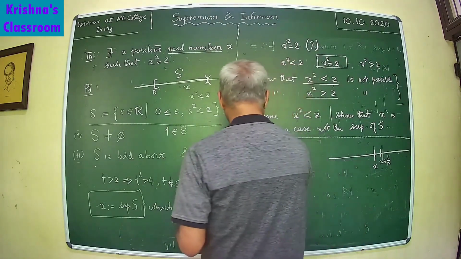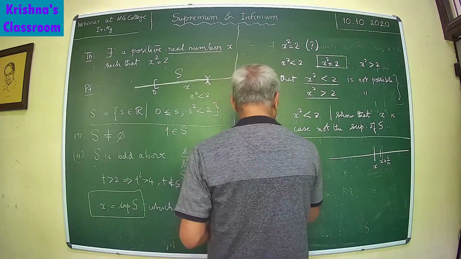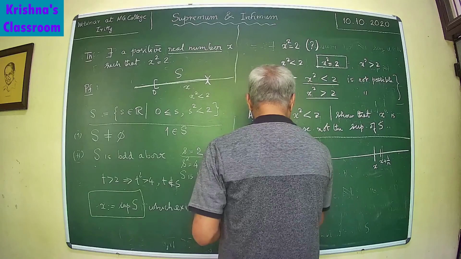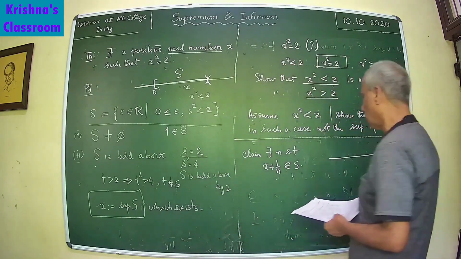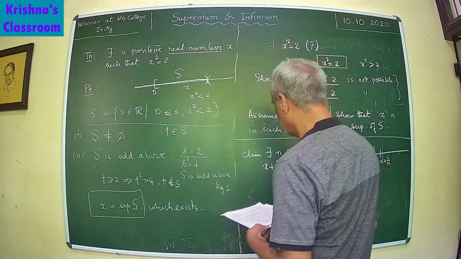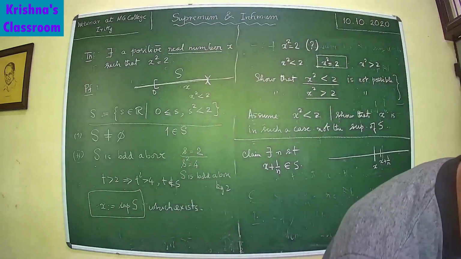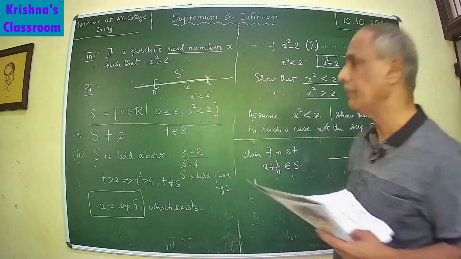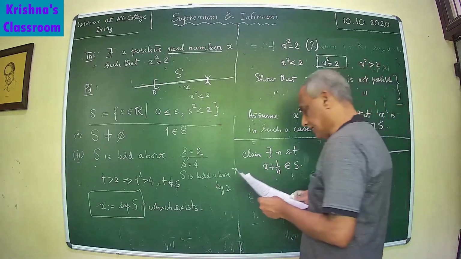So claim: there is an n such that x plus 1 by n is in S, contradicting the supremum character of S. So how do we do that?